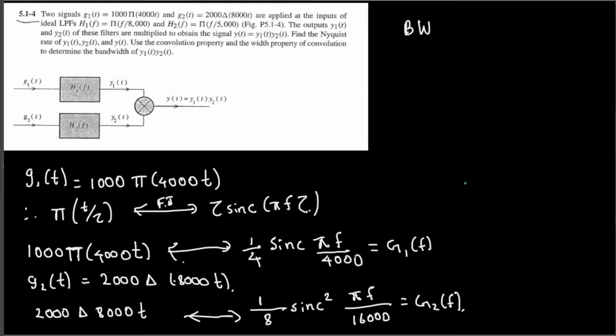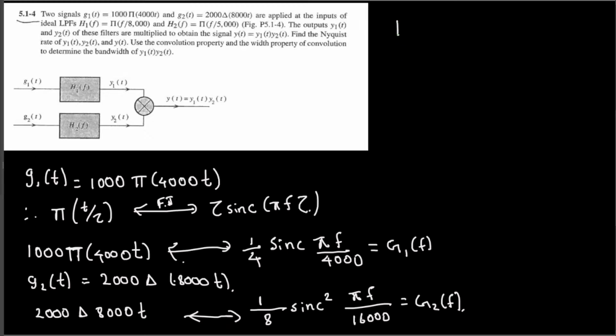Also we have to consider that before we pass through the low pass filter, the bandwidth for G1(f) is 4000 and the bandwidth for G2(f) is 16,000, but after passing through the low pass filter it is going to change. Now let's see how it's going to change.